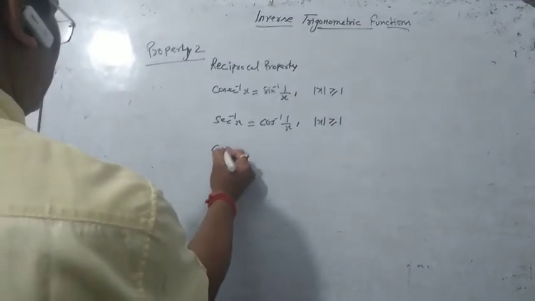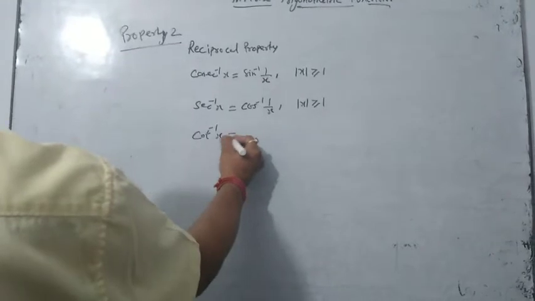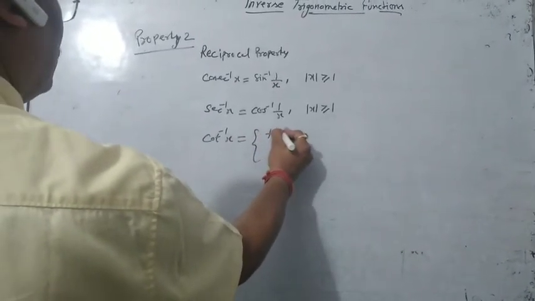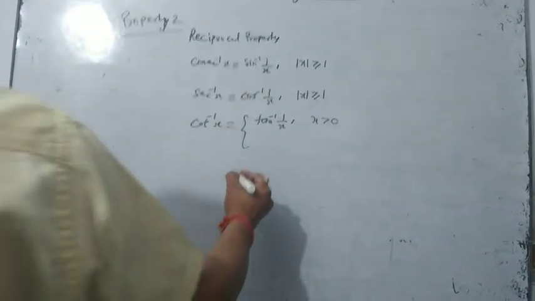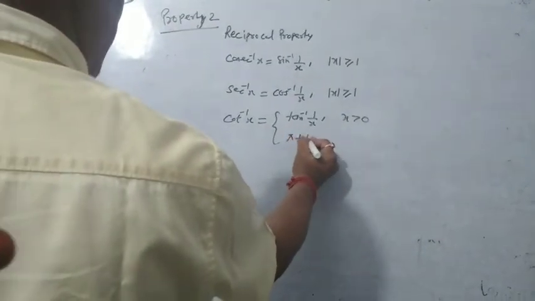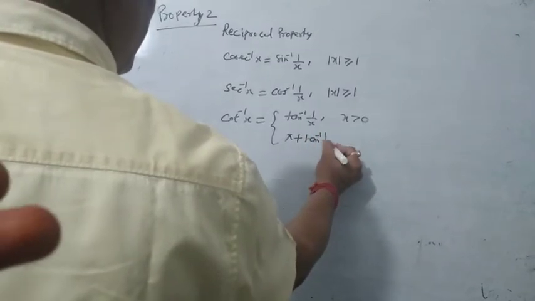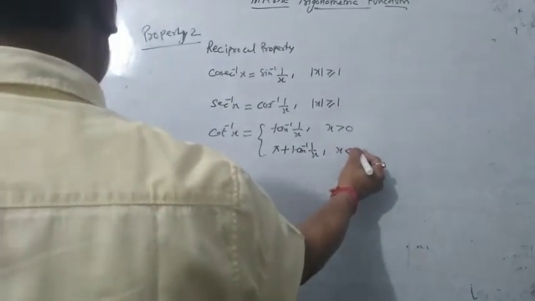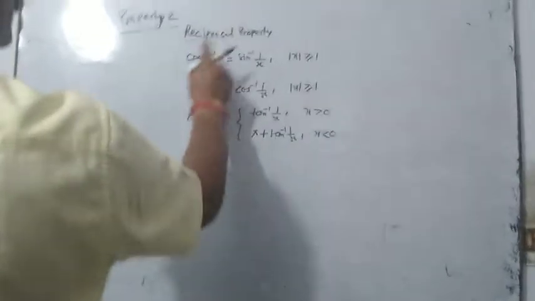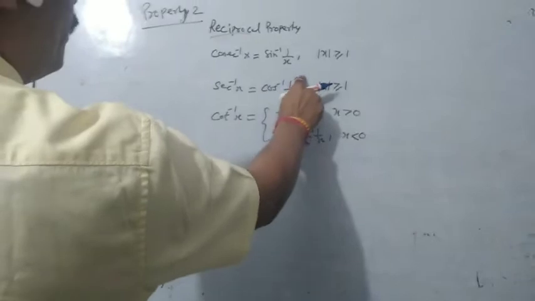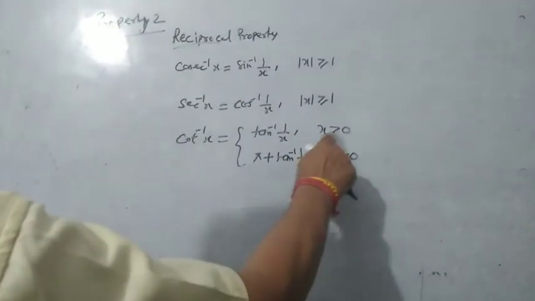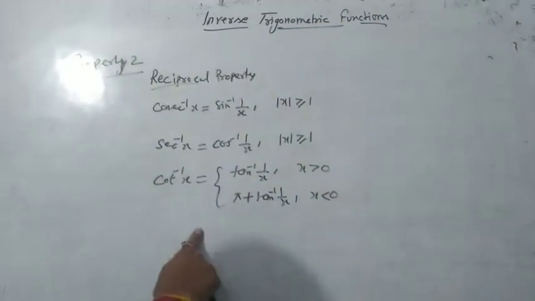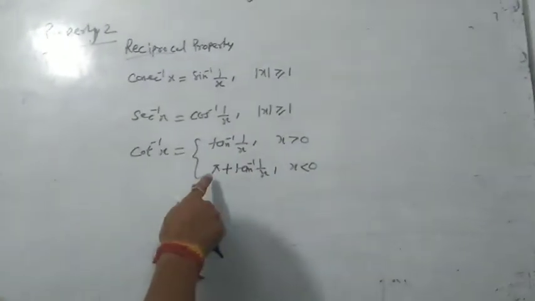Next one is cot inverse x, which is tan inverse 1 upon x if x is greater than 0, and pi plus tan inverse 1 upon x if x is less than 0. So in the reciprocal property, cosec inverse is written as sin inverse 1 upon x, sec inverse is written as cos inverse 1 upon x, and cot inverse x is written as tan inverse 1 upon x. Here x is greater than 0, and when x is less than 0, you write pi plus tan inverse 1 upon x.